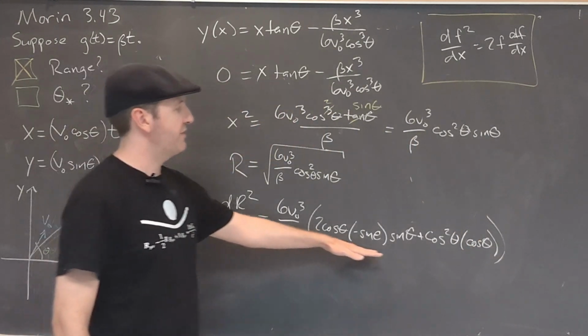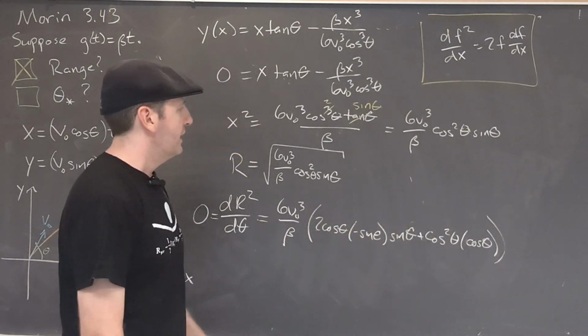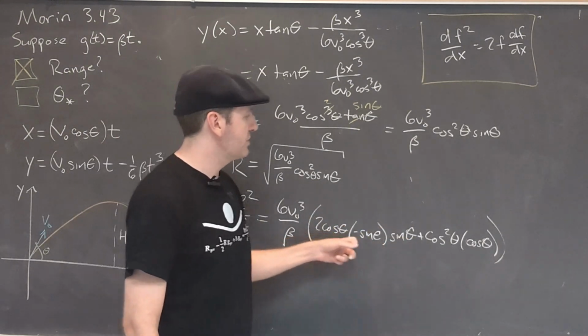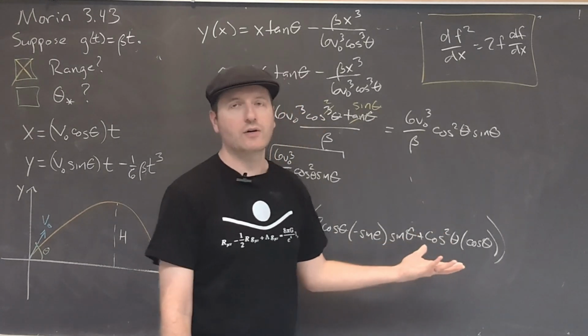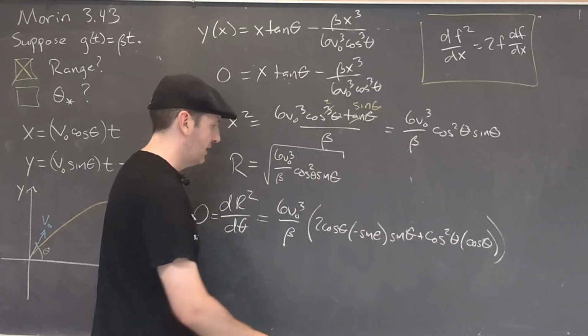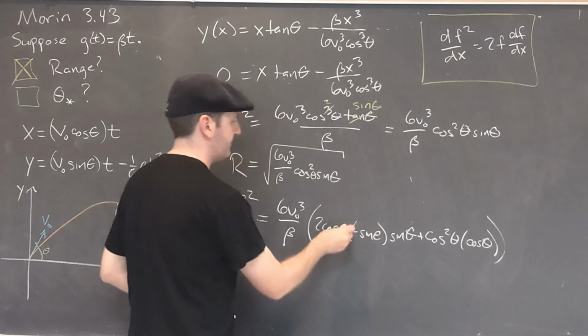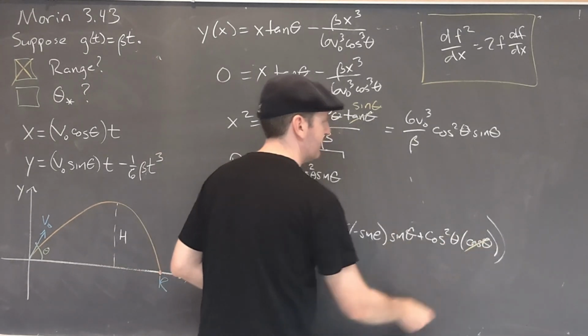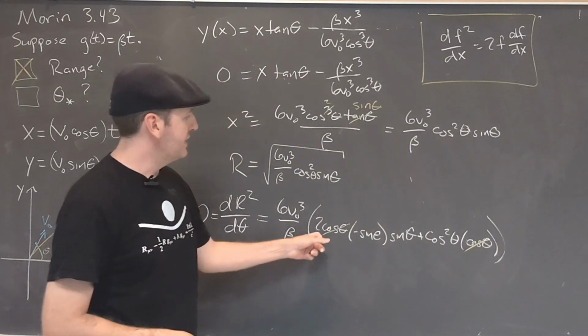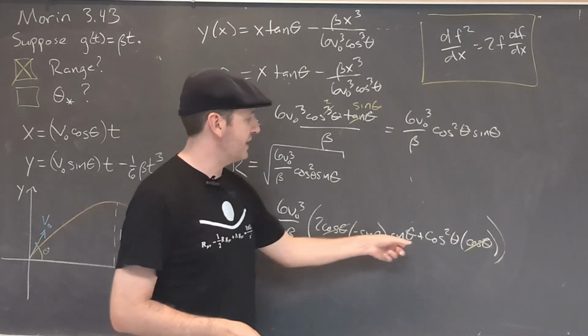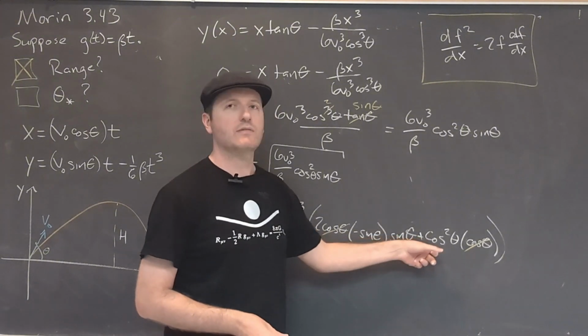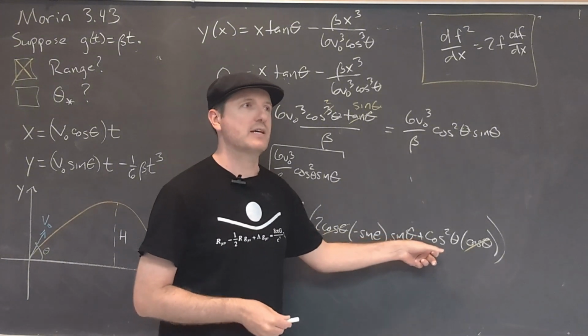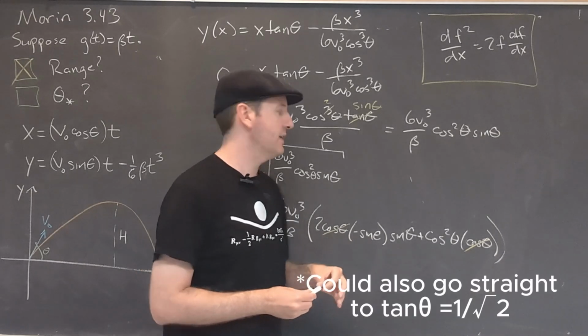All right, so this stuff here we want to set equal to 0. Do notice that there is a cosine, at least one cosine in both terms, so I can cancel those out. And I end up with negative 2 sine squared plus cosine squared. That sounds a lot like it could be nicely simplified.